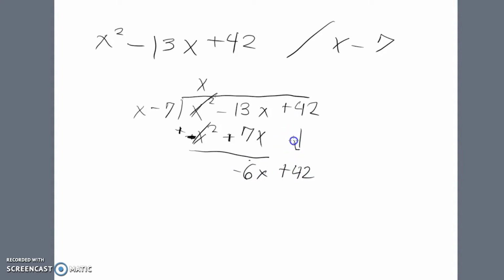Drop this one down, and same thing as earlier, divide the first term here by the first term there. And now multiply these two. Lastly, subtract these two and see if you have a remainder.